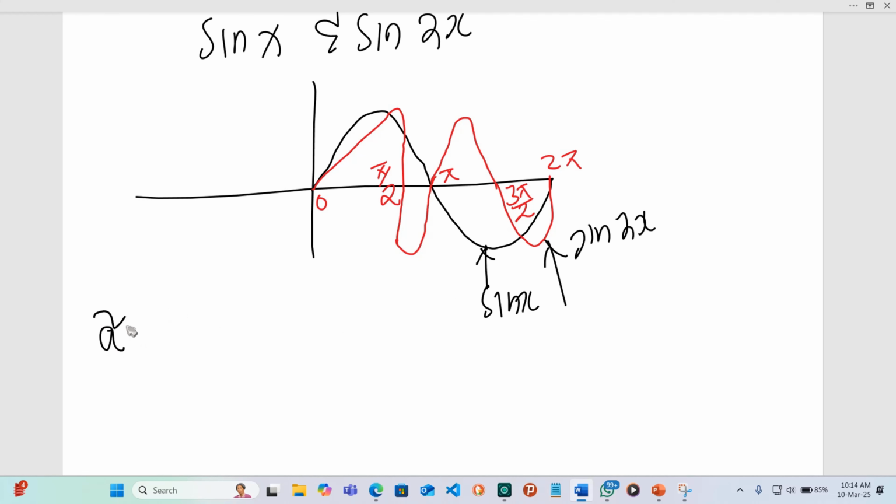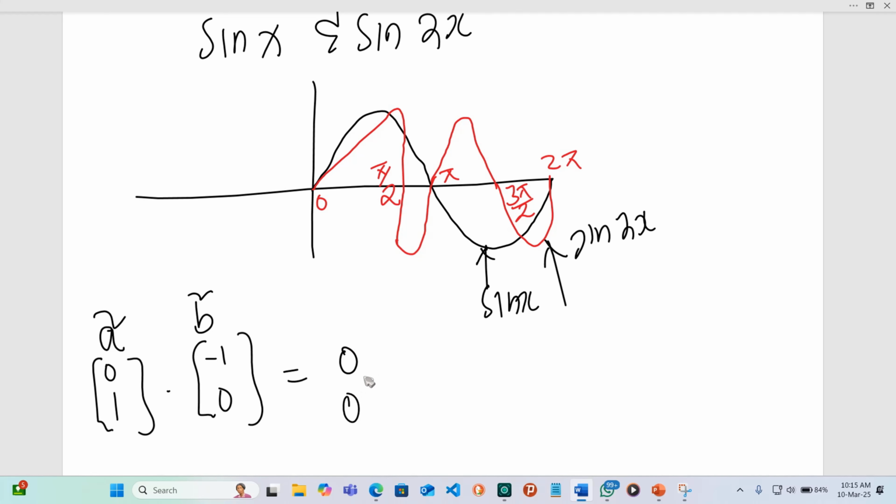Now, if vector A is represented by, for example, (0, 1), and vector B is represented by, for example, (negative 1, 0), then you can see that their dot product is going to be 0. Multiplying these two vectors element-wise, you'll have 0 and you'll have 0.